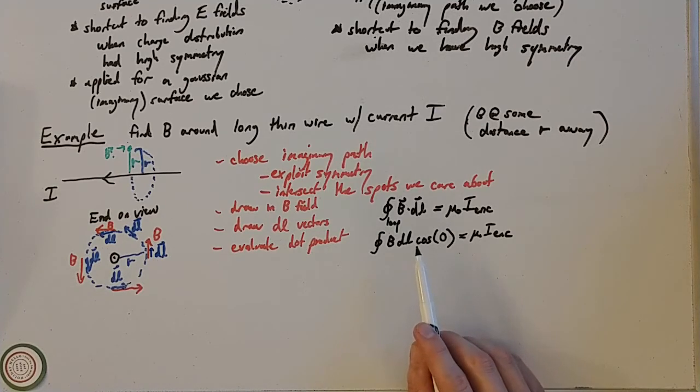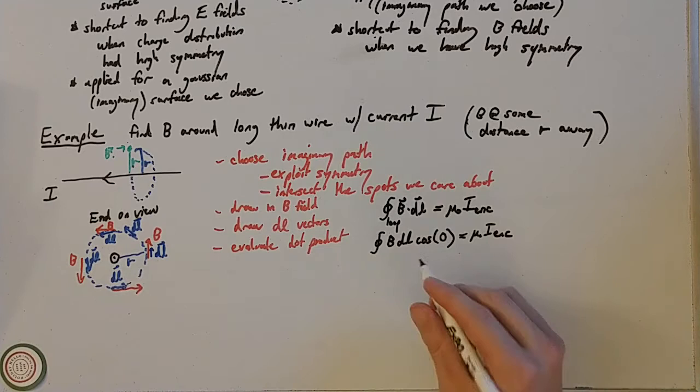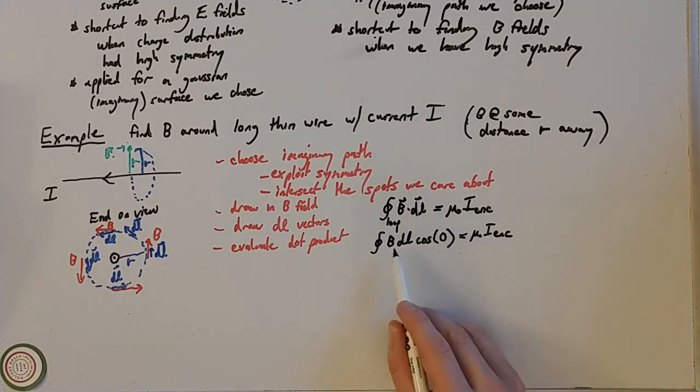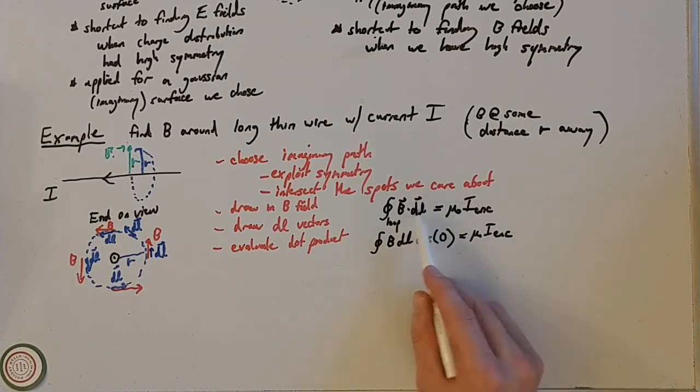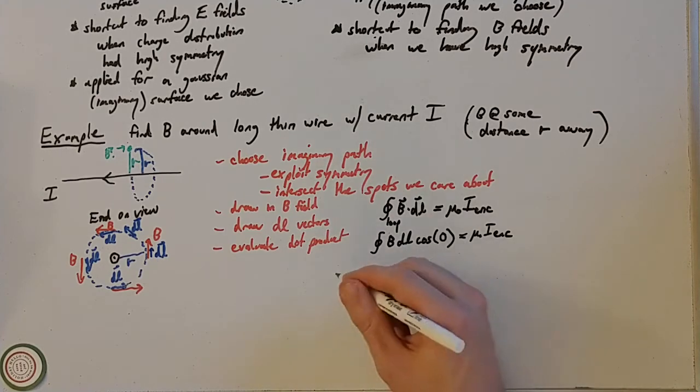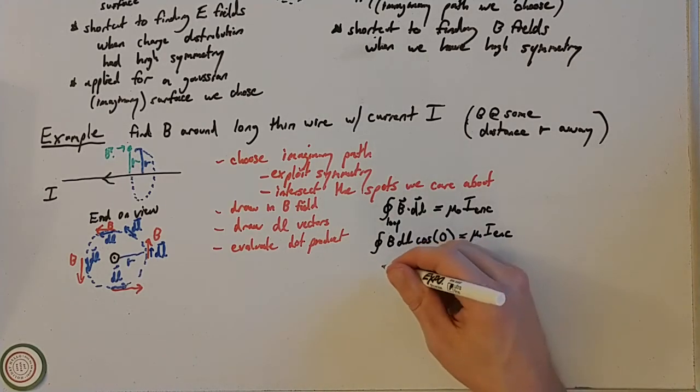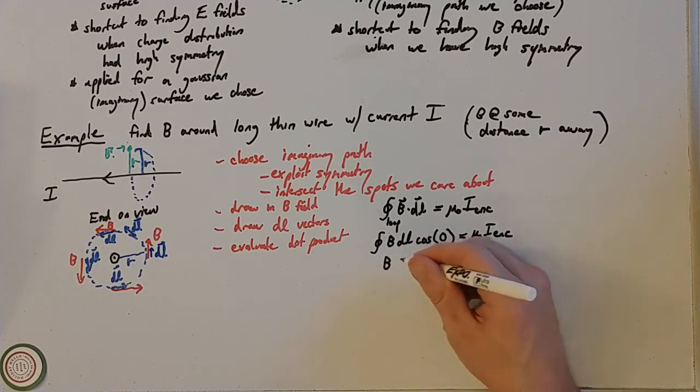Since the magnitude of B is constant, the dot product got rid of the vector and just left us with the magnitude of B times the magnitude of dl. Because the magnitude of B is constant, I can pull it outside of the integral.